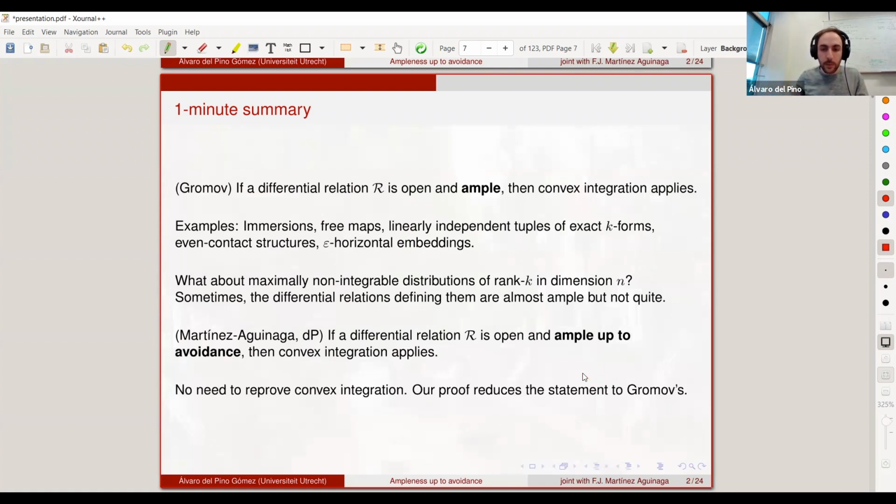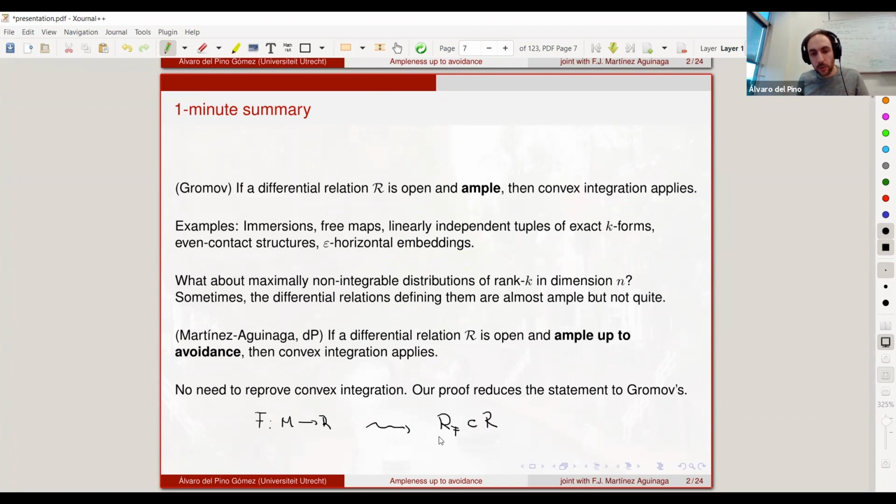And maybe, okay, this you will see during the proof, but the thing is that we don't need to do convex integration from the ground up. What we do is we build some sort of H-principle thing on top of convex integration that allows us to reduce to the classic story. And maybe just to give you a flavor, the way it works is that given a formal solution, F, where R is ample up to avoidance, we produce a new relation that is inside of R. It's smaller, we build it out of R by carving out things in a, well, I don't know if clever, it's actually in quite a naive way in some sense.